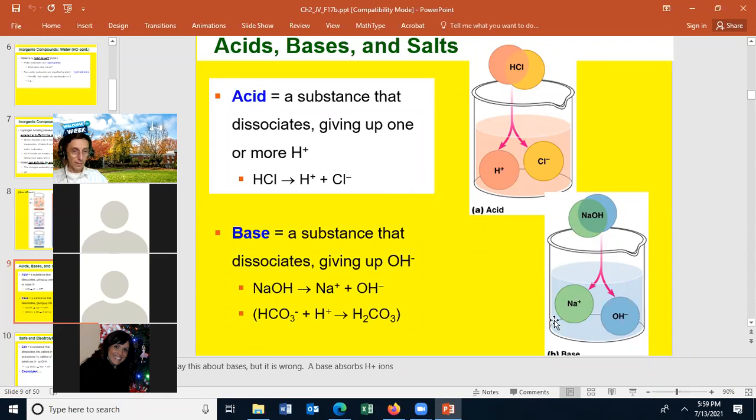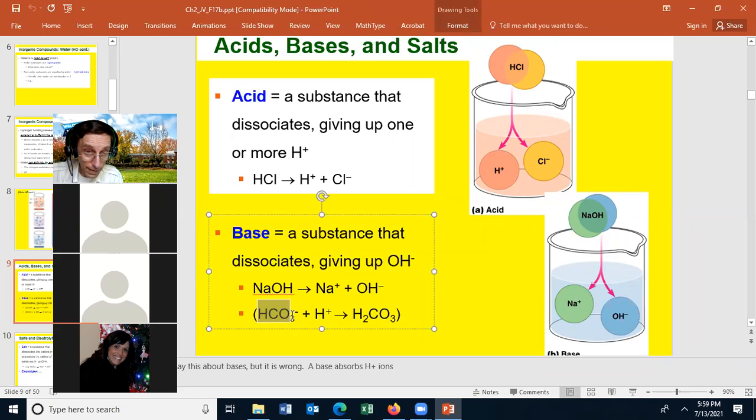Okay? However, you should know that bicarbonate is basic because the carbonate can absorb hydrogen ions and then make carbonic acid, and that will absorb hydrogen ions from solution, so we call bicarbonate a base.